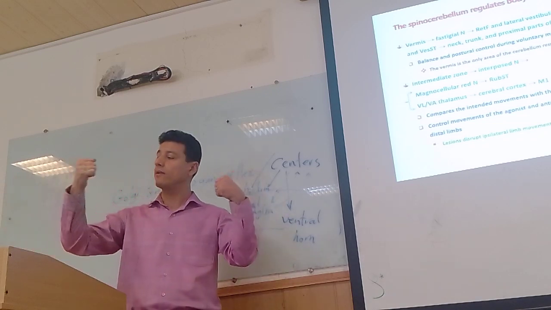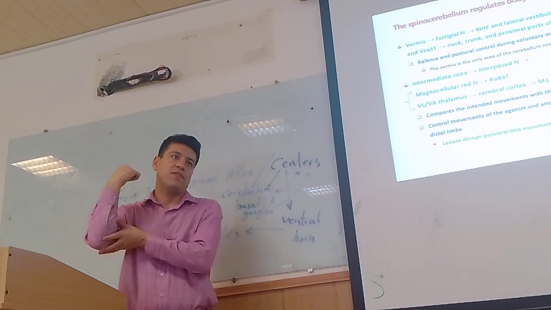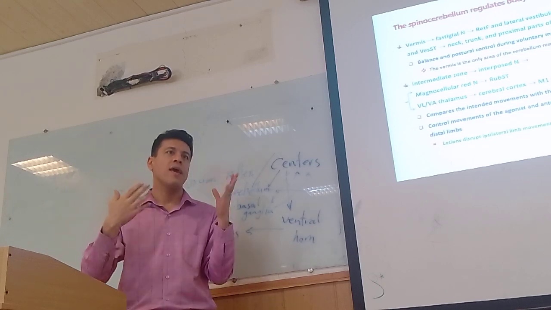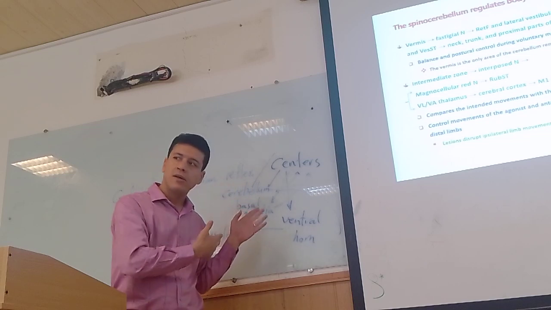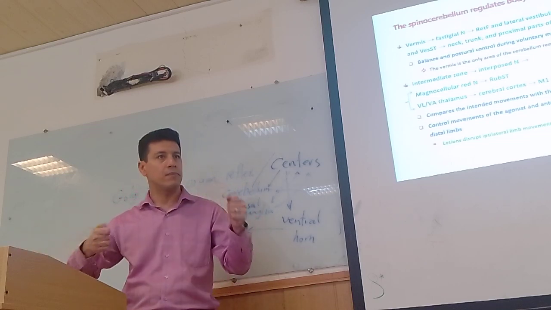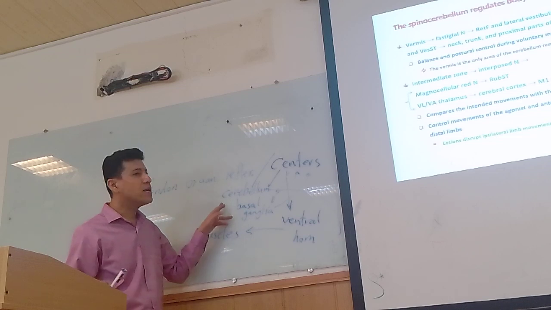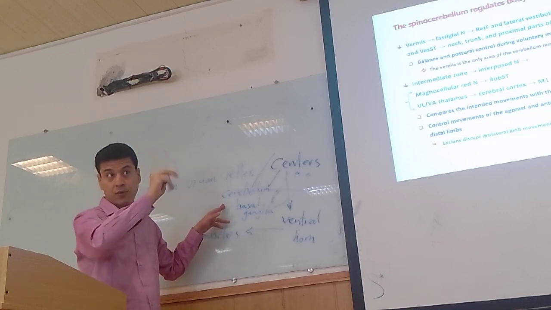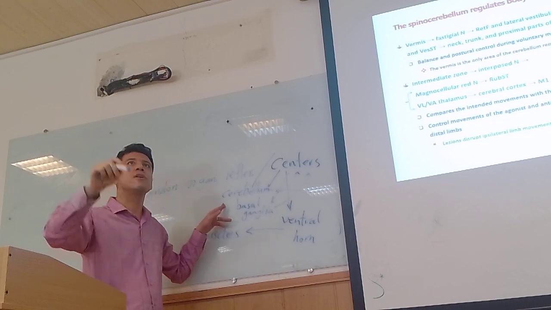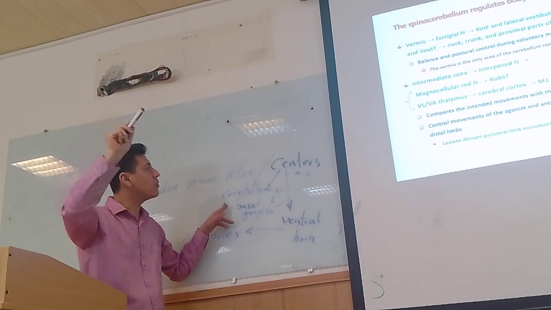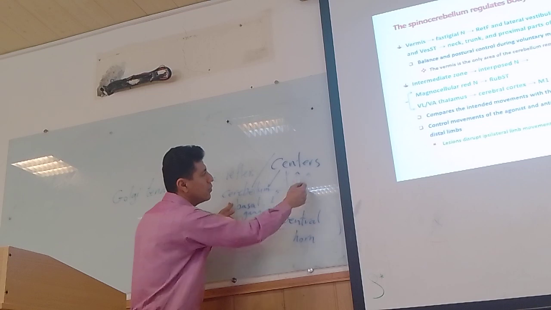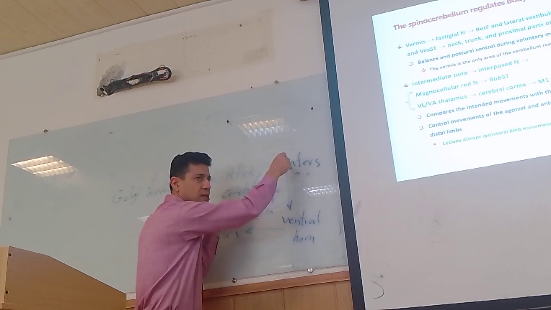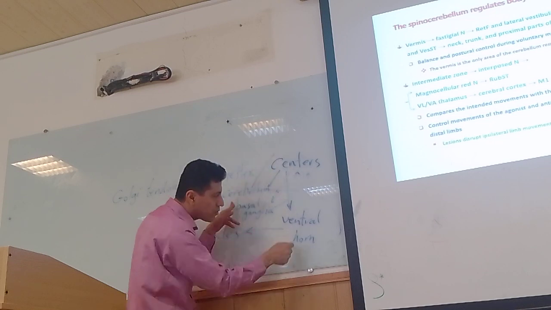Rubrospinal tract is involved in flexion of the elbow, wrist, and fingers. So this way, the intermediate zone can control movements in the arms. Some other information goes to the thalamus, ventrolateral, ventral anterior nuclei. It's important. From here, they go to the cerebral cortex. So, again, there is a loop between the cortex and cerebellum. Cerebral cortex is the origin of the corticospinal tract.